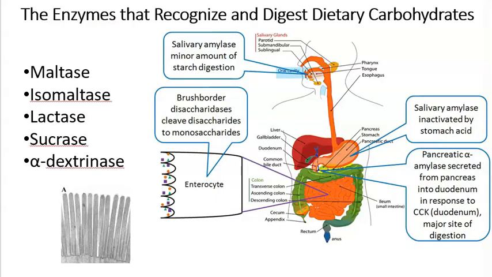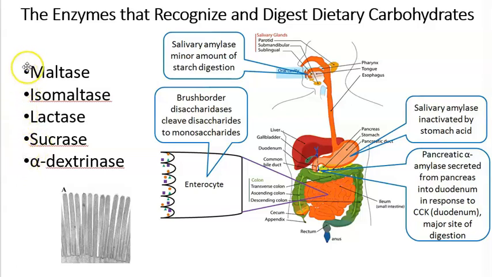We talked about the digestive system already, but I just want to talk about some specific enzymes that recognize and digest dietary carbohydrates. Maltase is one of those. There's maltase, isomaltase, lactase, sucrase, and alpha dextrinase. These are all going to generally recognize maltose, or lactose, or sucrose, or dextrose, sorry.